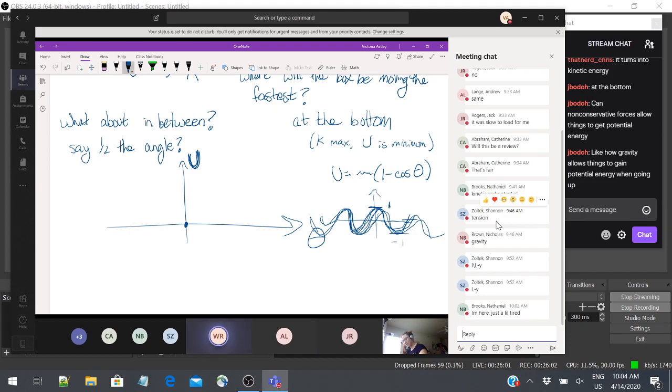This is -1. This is 0. So this point is going to go to 0. This point is going to go to 1, or whatever our constant is. So it's going to look like just this part, right? So this section flipped over, right?